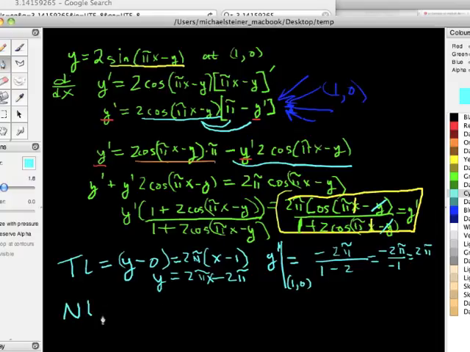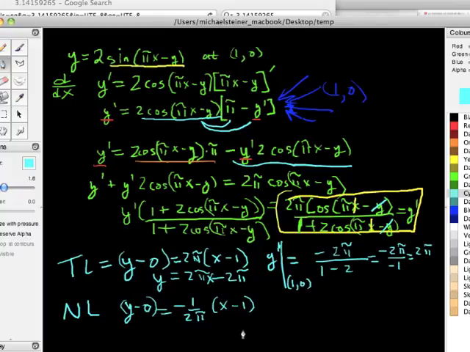And what about the normal line? Well, the normal line has the negative reciprocal slope. So we have -1 over 2 pi is equal to the change in y over the change in x. And you can solve this for y as a function of x, but this is an acceptable form too.